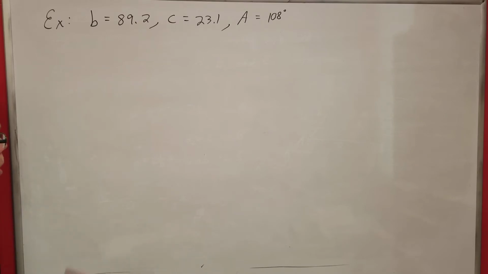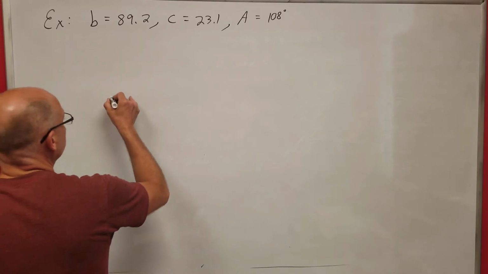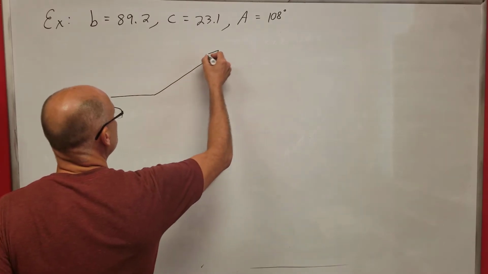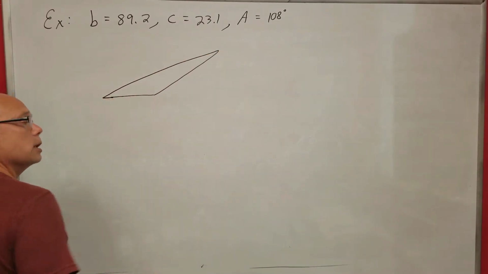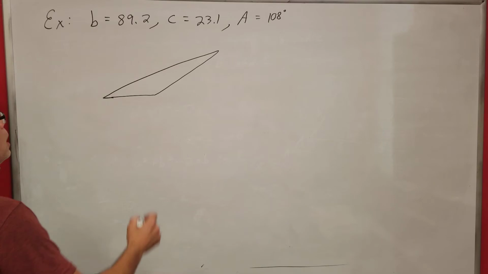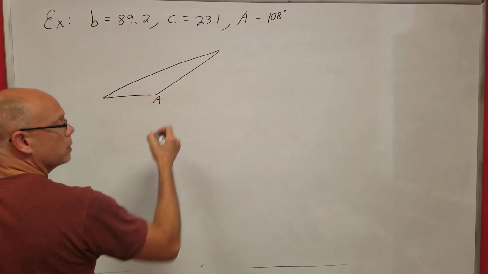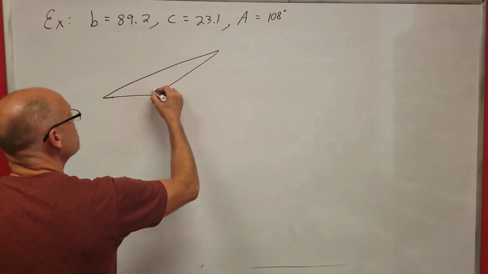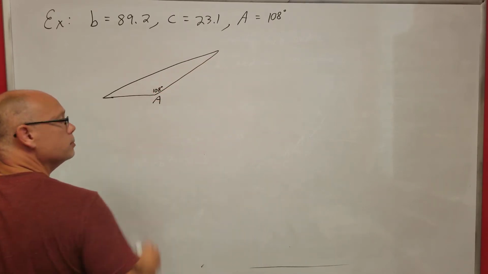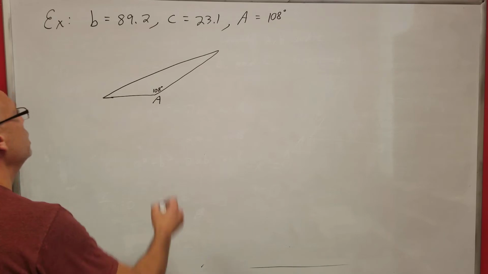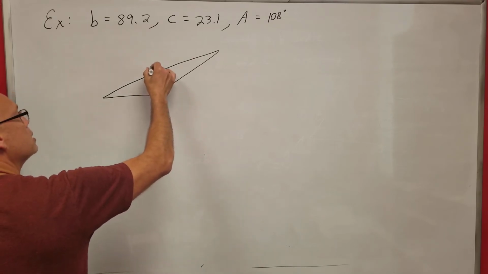All right, so just draw any old triangle up here. I'm going to draw a triangle that looks like this. It doesn't matter, you're just using it as a visual. I'm going to say this is angle A right here, and angle A is 108 degrees. Across from angle A is side a.